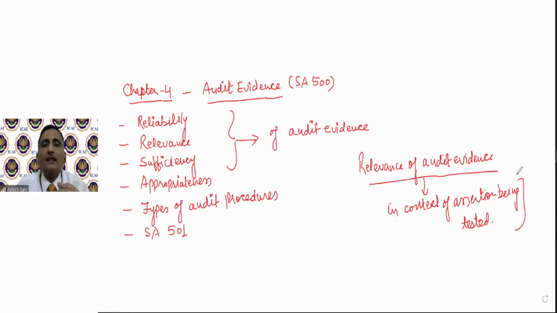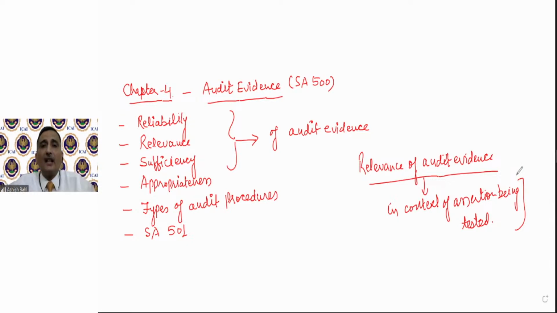Like, students, if evidence is obtained from a source outside the entity, if it is external evidence, we generally say, not always, but generally, that audit evidence is more reliable, because it is coming from a third party, from a source outside the company. It is a sort of independent thing. So we say that audit evidence is more reliable.